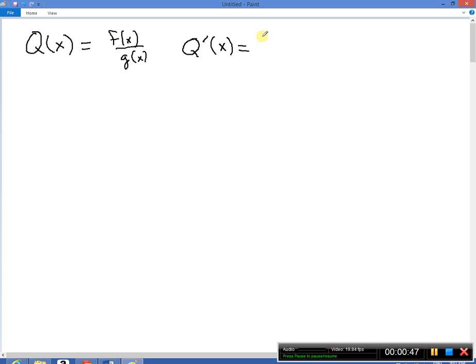Okay, so what is the derivative of a quotient? The way I learned it, and the way I always remember it, is that you always start with the denominator. You always start with the bottom. So it's exactly the denominator times the derivative of the numerator, minus, and don't forget that it's minus, not plus, the numerator times the derivative of the denominator, and then you're still not done, the whole thing is divided by the denominator squared.